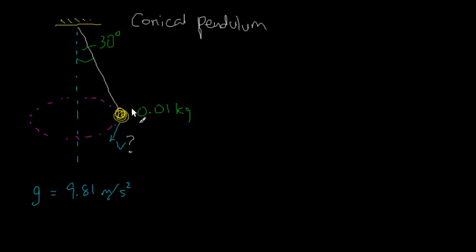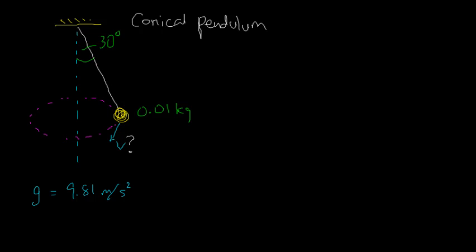So now I have this problem. Given that I want the little ball to go round as a conical pendulum with an angle of 30 degrees to the vertical, given that it has mass of 0.01 kilogram, what velocity must I throw the ball at in this direction, that is at 90 degrees to this vertical plane?